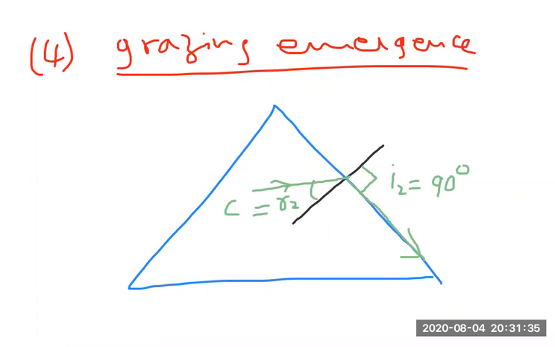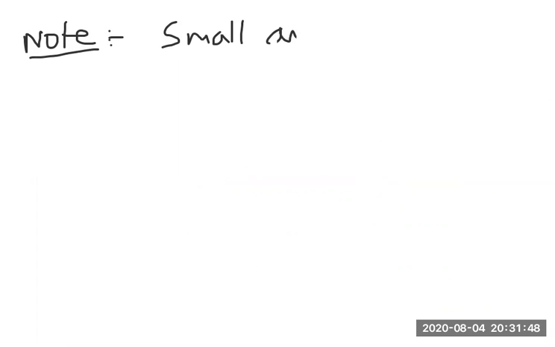After this, let us see one important point. In some situations they tell about small angled prisms. What do we mean by small angle prisms?